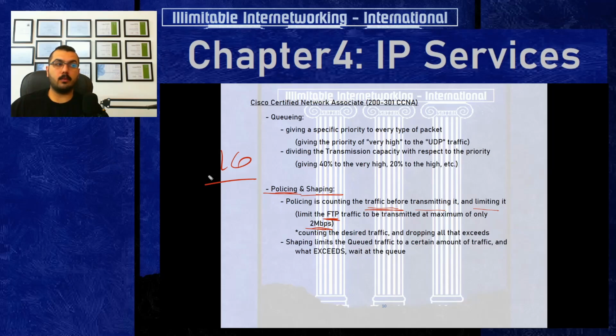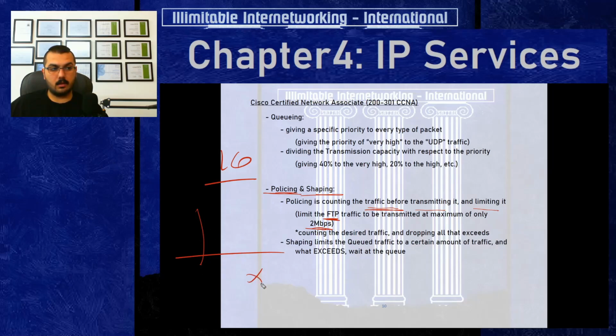Don't get confused between policing and queuing, because queuing was reserving in the TX port using percentage, like give 10% of the bandwidth for FTP. But policing limits transmitting FTP to only 2 megabits per second. Just in case, let's use the X and Y axis.